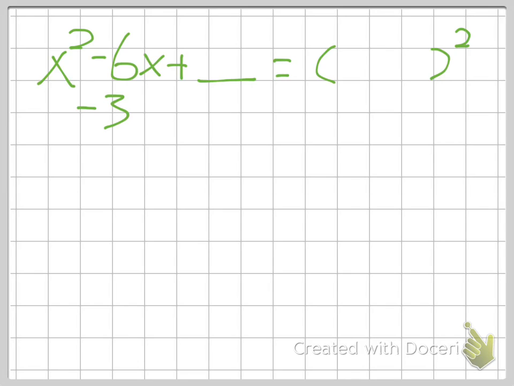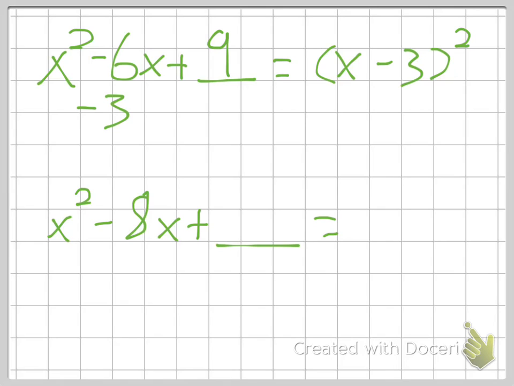Now, negative 3 times negative 3 is 9. So the 9 goes here. And the only difference is I have x minus 3 as opposed to x plus 3. X squared minus 8x. So half of negative 8 is negative 4. I add this, negative 4 times negative 4 is positive 16. And this simply becomes x minus 4.